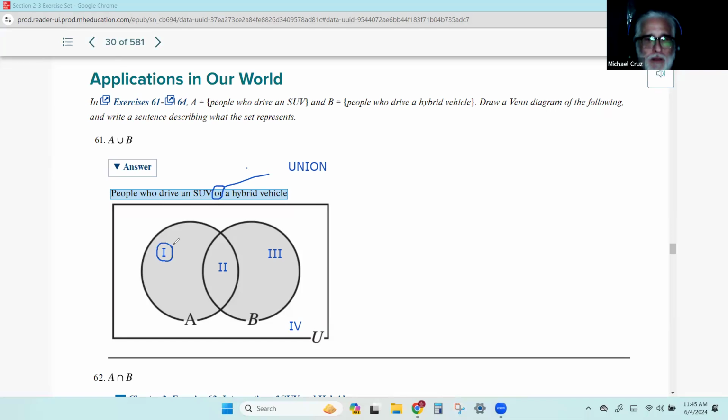That's SUV only. This is SUV and hybrid, and this is the hybrid. So those three regions, the inside of A and B, including the and, is the or.